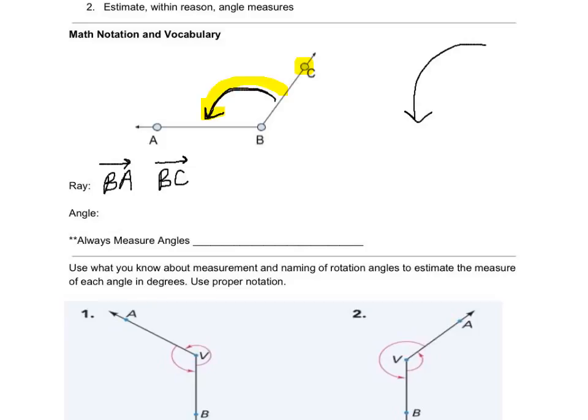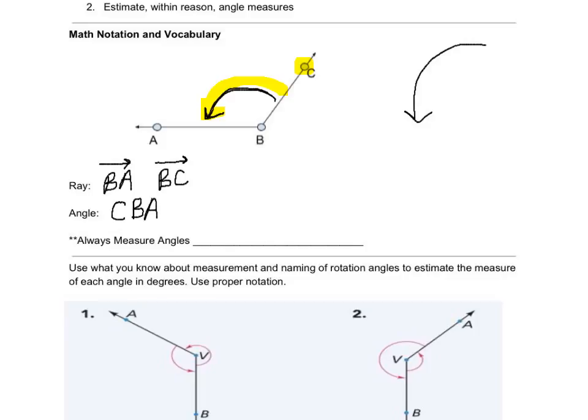So I have angle CBA, because I'm going kind of opposite of what you would expect, because it's that counterclockwise rotation.